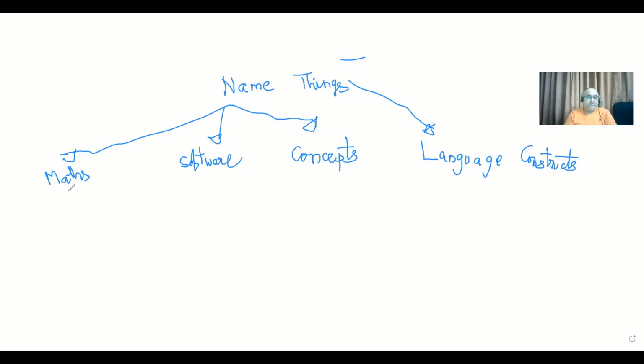So let's say you have functions. So a function is essentially, it can be thought of as a name, right?